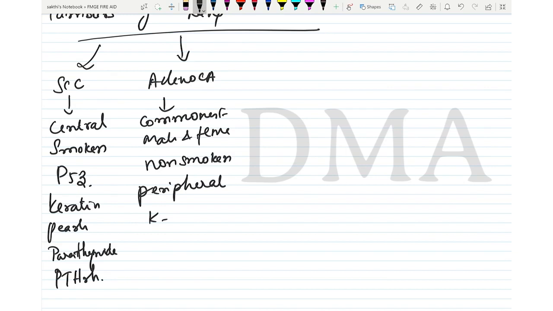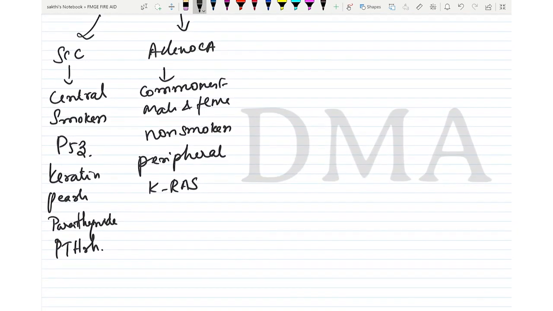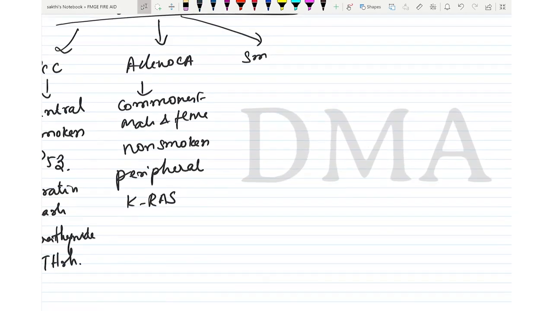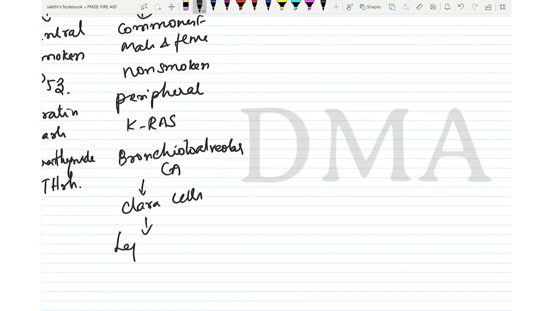Okay. So next is your small cell or oat cell carcinoma. It is the most malignant variety of lung carcinoma. The cells will show a salt and pepper pattern of appearance. It is also associated with KRAS mutations. It characteristically produces secondary metastasis in adrenals.